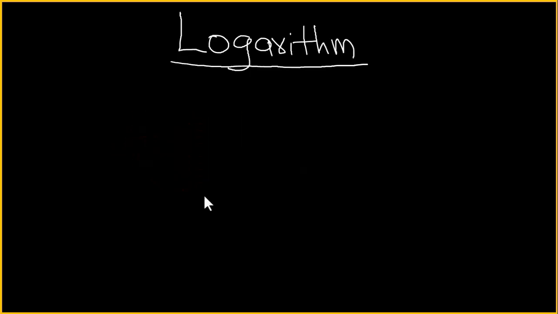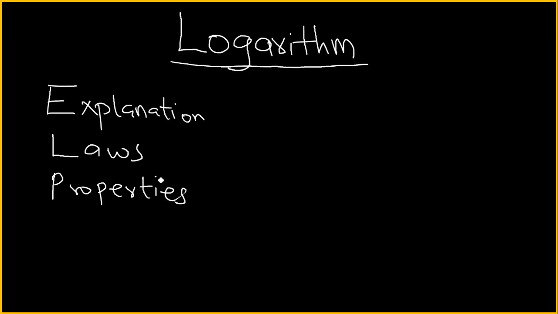Hello class, in this video we are going to discuss what a logarithm is, the laws of logarithm and the properties of logarithm. Alright, so in our previous video I explained what an index is and how to write huge expressions or numbers in an index form.